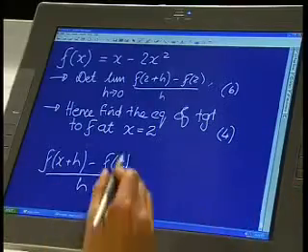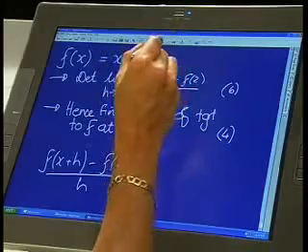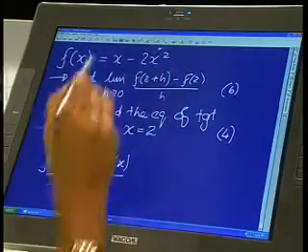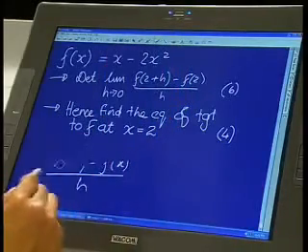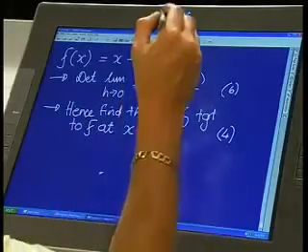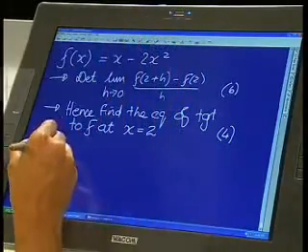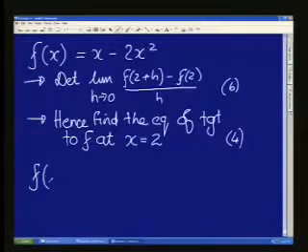Okay, let's get going. Let me just get rid of this. The equation that they gave us was f of x is x minus 2x squared. So I'm going to say, fine, I'm going to do it bit by bit. The first thing I want to find is f of 2.